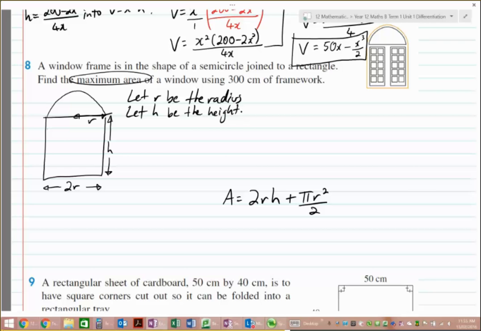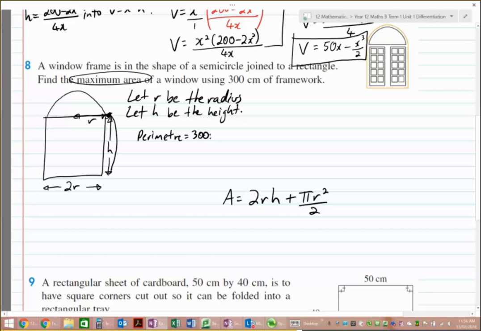Okay, so again, I've got r's and h's all over the place. I know that the total amount of framework, the perimeter, is 300, so I can write some relationship for perimeter. Okay, I'm just going to work our way around this shape. So I'm going to start here and go clockwise.